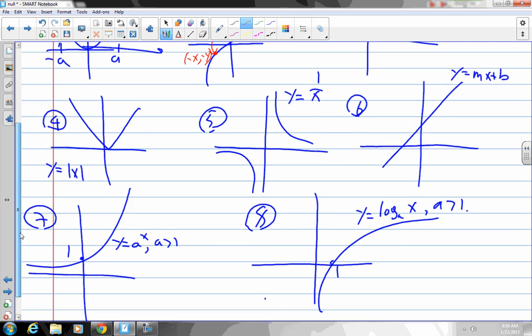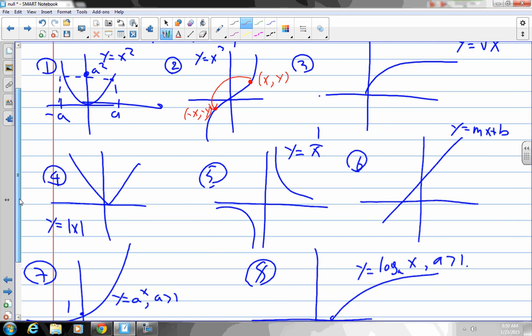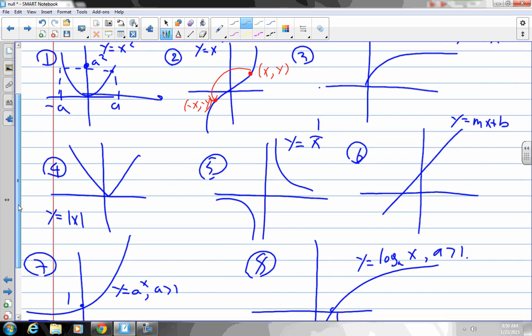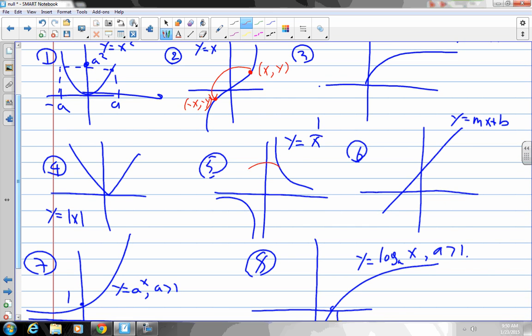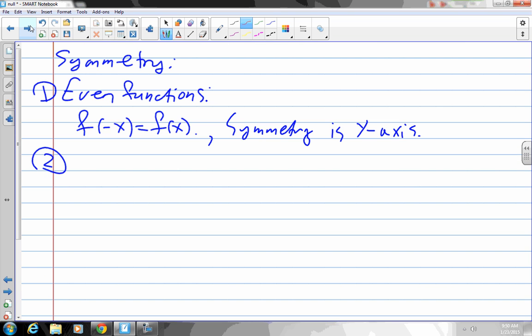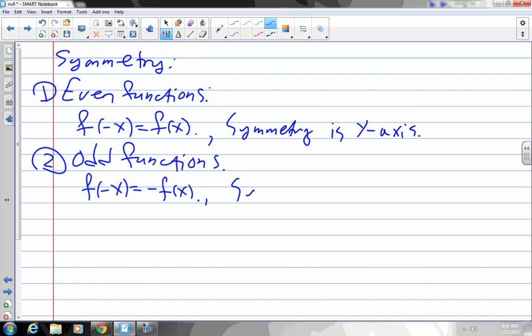Do you see any other functions that are symmetric around the origin? 5. This one is also, if you rotate one around the origin, you'll get the other one. So we call those odd functions. Basically, if f of negative x equals negative f of x, that's the definition. So if you change the sign of x, it will change the sign of y as well. The symmetry is the origin.